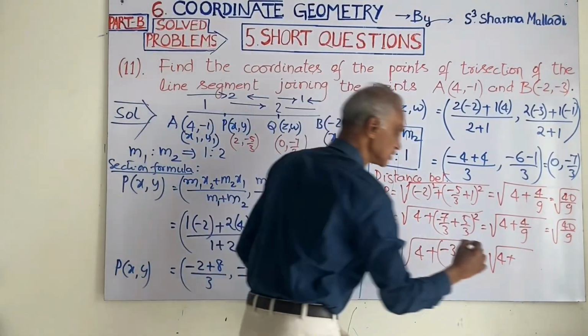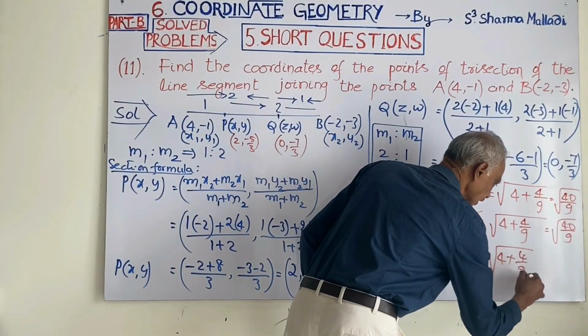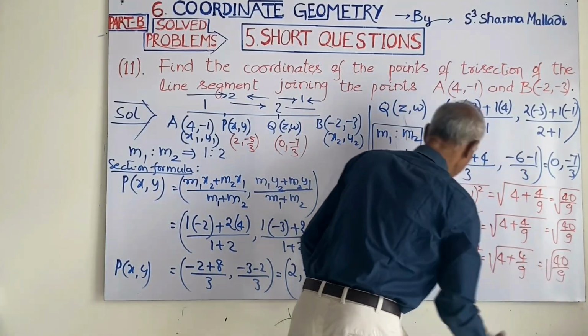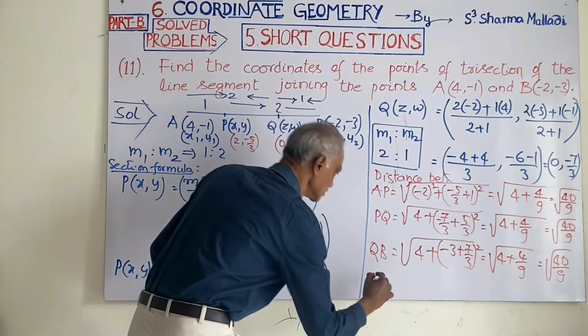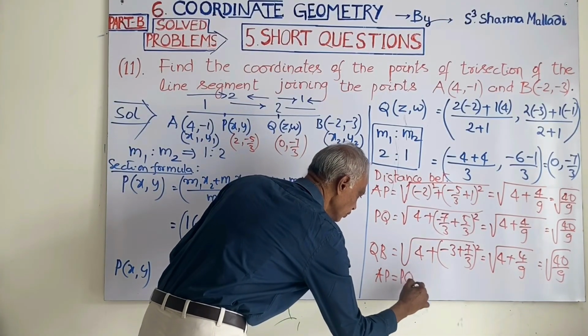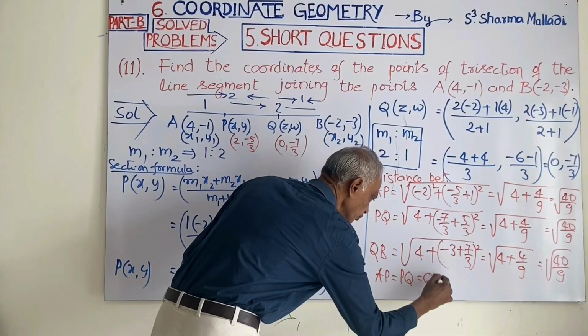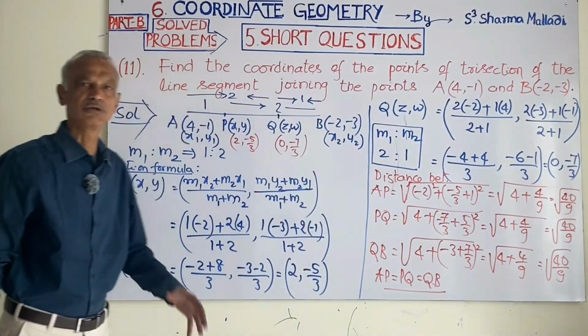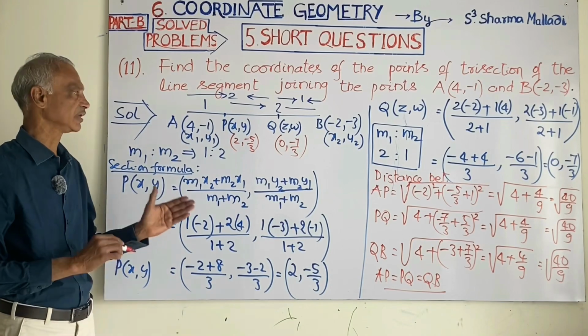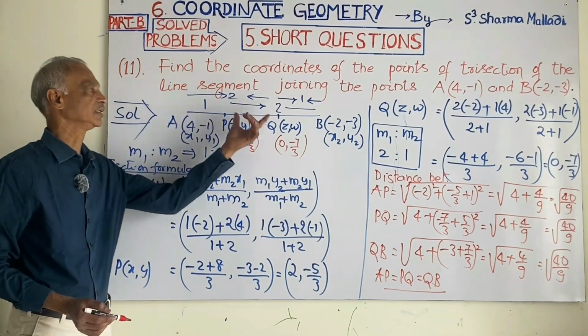Minus 2 by 3 whole square means 4 by 9. You will get root of 40 by 9. Yes, we got the distance AP is equal to PQ is equal to QB. Yes, our answer is true. These are points of trisection which divide the line segment into 3 equal parts.